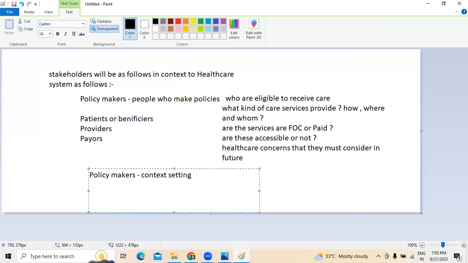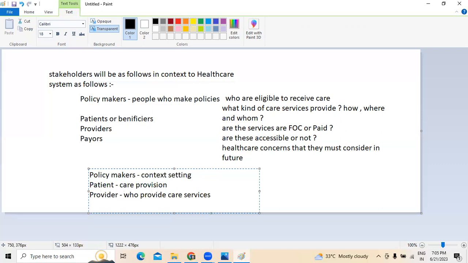Now, when we talk about the patient, provisioning care to them also happens. Next, the provider is who provides care services; care provision is received by the patient.